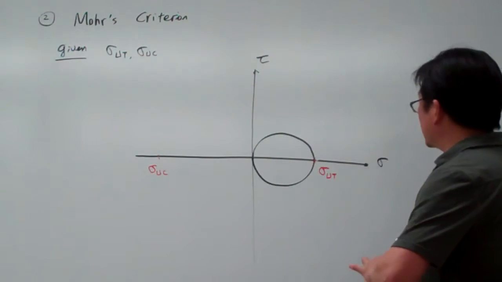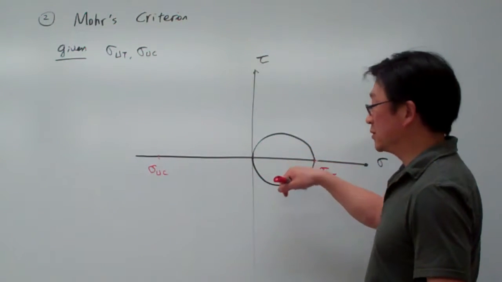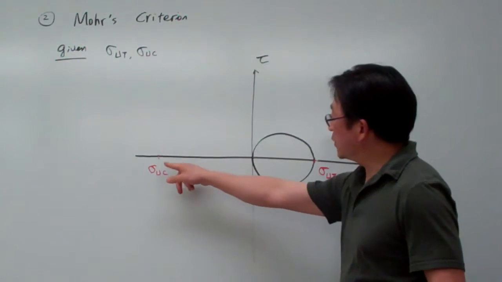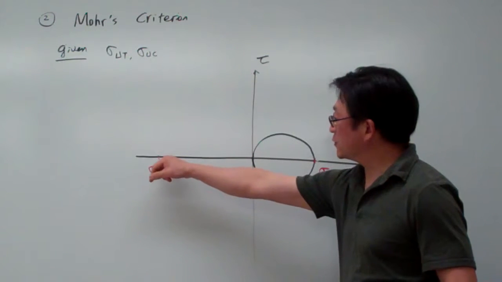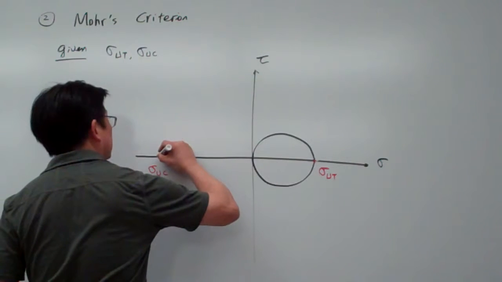That is a circle with the diameter from 0 to here. In a similar way, we use the diameter from the origin to UC, and the corresponding circle is this.